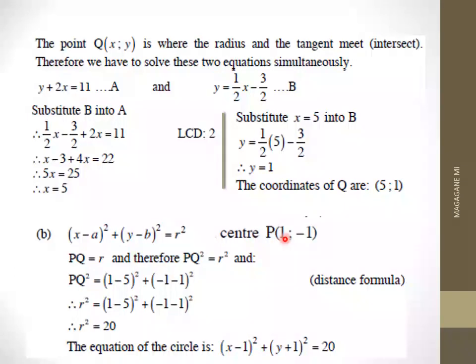Our a will be 1, since our equation is x minus a. So we'll have x minus 1 squared plus y plus 1 squared, since our b is negative, negative times negative gives positive, all squared equals 20. So this is the equation of the circle. We've used the center, which is P, and we've used the distance formula to calculate the length of the radius.